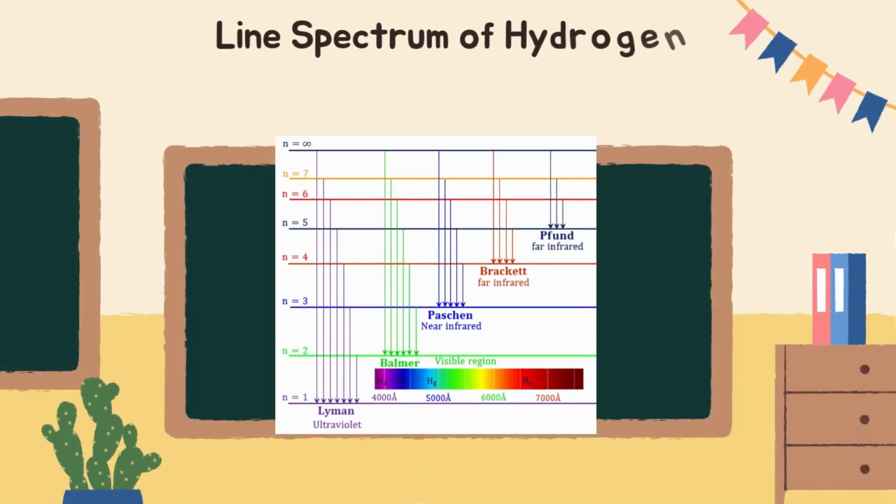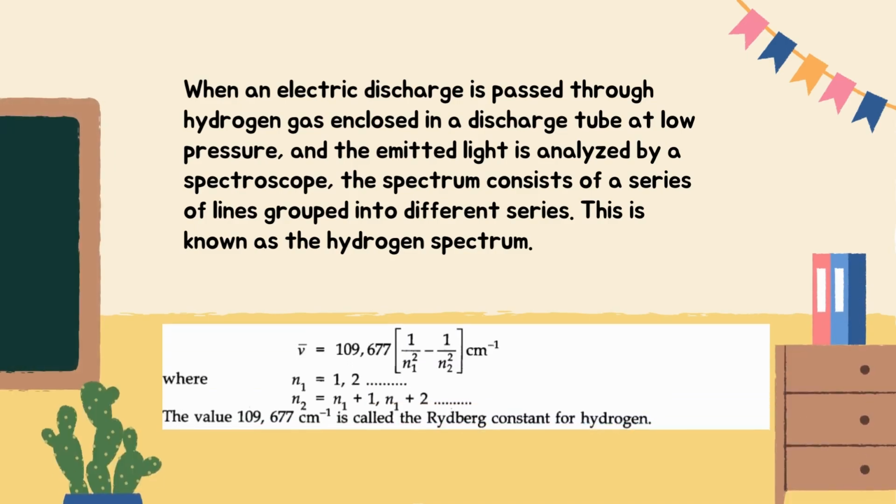Line spectrum of hydrogen. See the figure. When an electric discharge is passed through hydrogen gas enclosed in a discharge tube at low pressure, and the emitted light is analyzed by a spectroscope, the spectrum consists of a series of lines grouped into different series. This is known as the hydrogen spectrum.